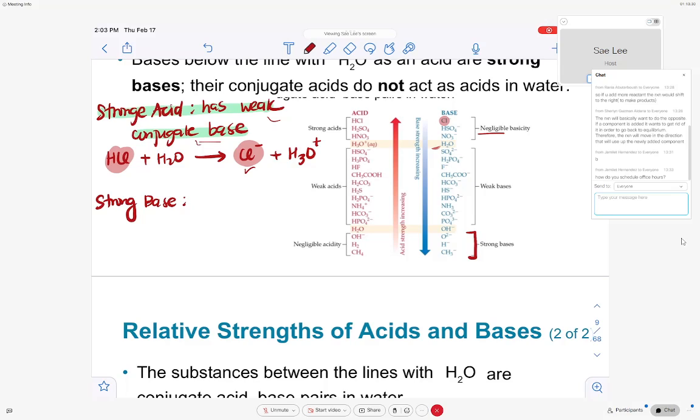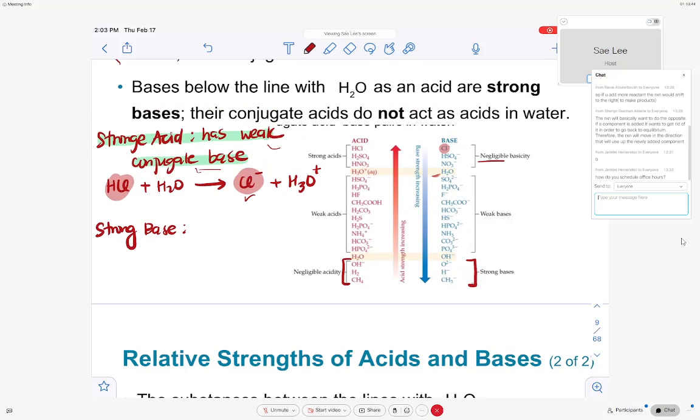The conjugate acid of the strong base is going to be a weaker acid, which means these acids less readily donate a proton. Here it says bases above the line with water as an acid. These bases are strong bases, and because their conjugate acid is such a weak acid, they don't really act as an acid in water.